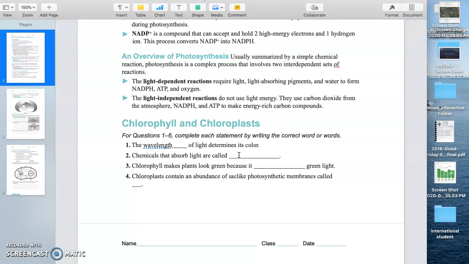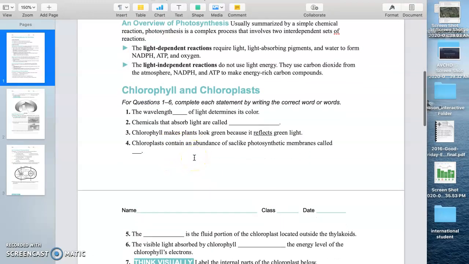And they're also going to use blue, which is an even shorter wavelength. Chemicals that absorb light are called photopigments. And chlorophyll makes plants look green because it reflects green light.